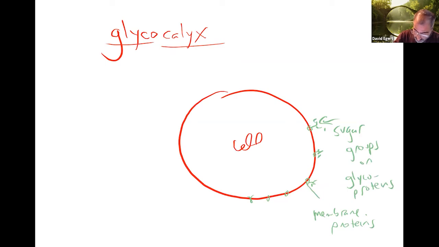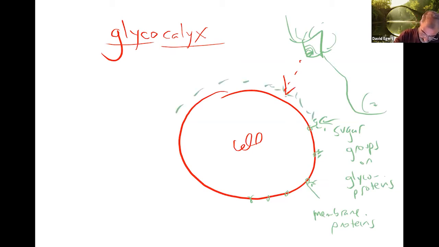So if you are actually looking at the cell from the outside, this is supposed to be an eyeball. What you actually see are all these kind of sugar groups. People talk about the cell being kind of like sugar coated. So that's what the glycocalyx is.